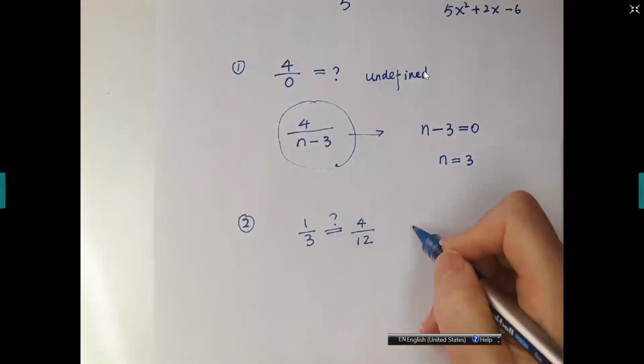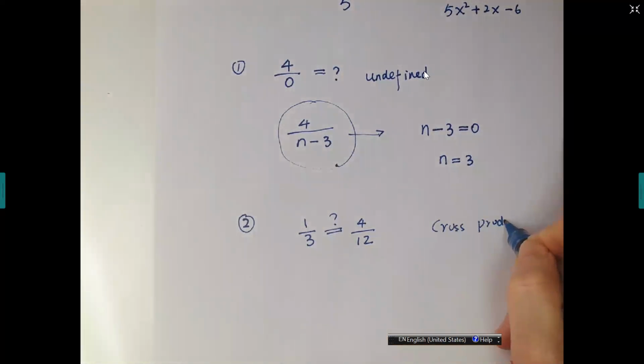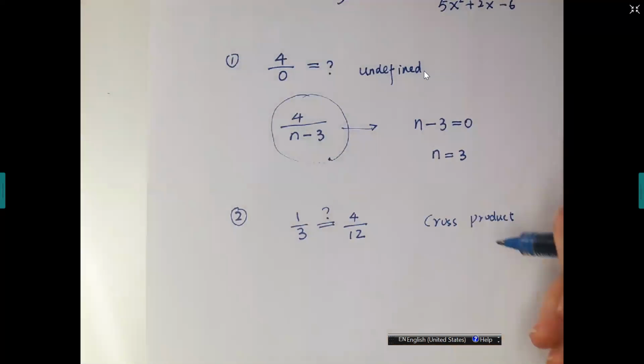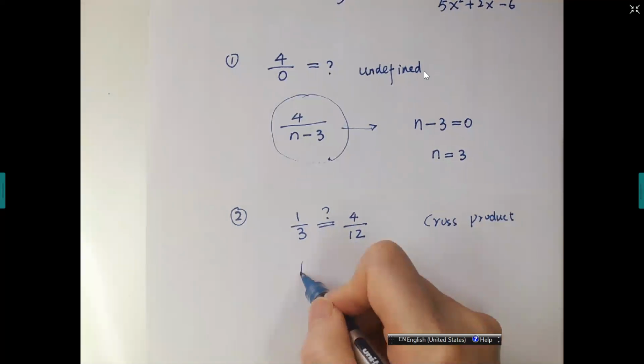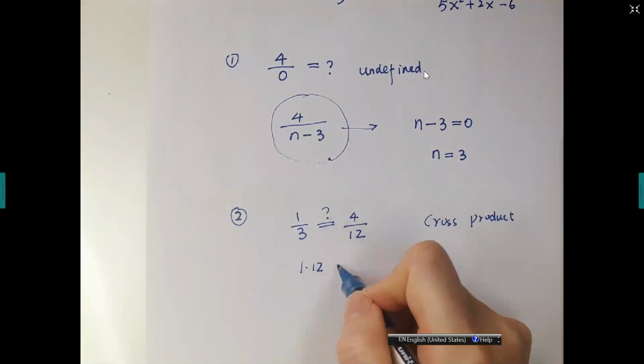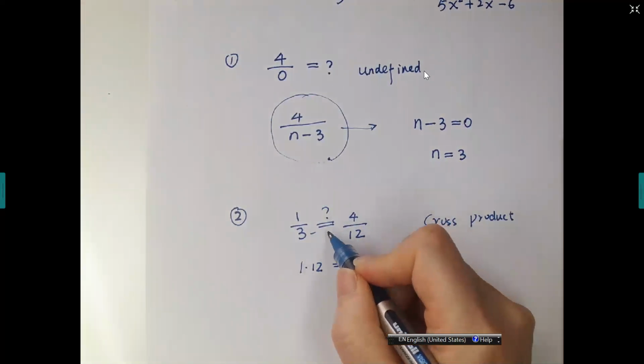So two equivalent fraction numbers, their cross product, which means multiply this way, diagonally, should be the same. So now let's verify. 1 times 12 equals 12. And then do the other cross product.